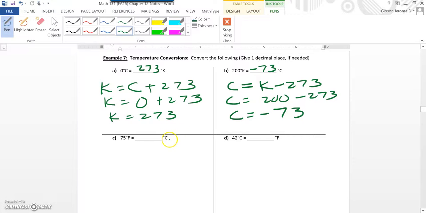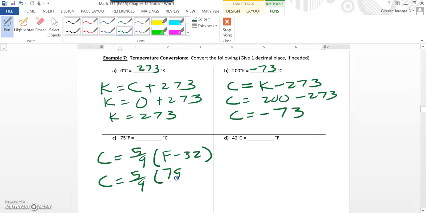So we would do Fahrenheit. Actually, not Fahrenheit, we would do Celsius. So we would have Celsius is equal to 5/9 times F minus 32. Now we know our Fahrenheit is 75. So 75 minus 32 would give us, what's that, 43.